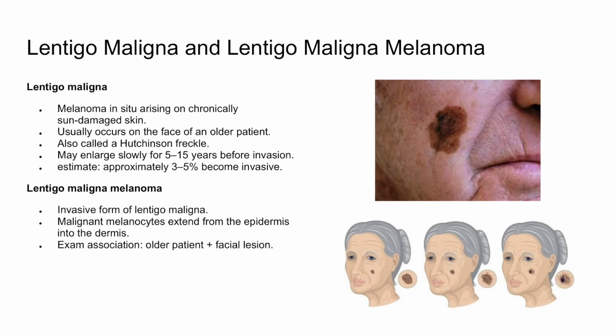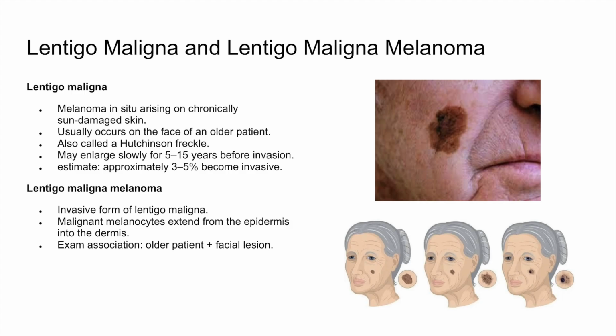All right, so lentigo maligna is a melanoma in situ arising on chronically sun-damaged skin, usually on the face of an older adult. It is also called a Hutchinson melanotic freckle and typically appears as a slowly enlarging irregular pigmented macule or patch. It may remain confined to the epidermis for many years, often growing gradually over 5 or 20 years or longer.